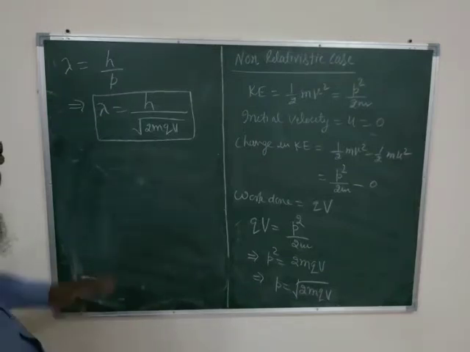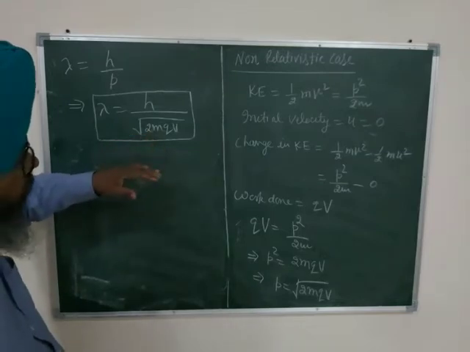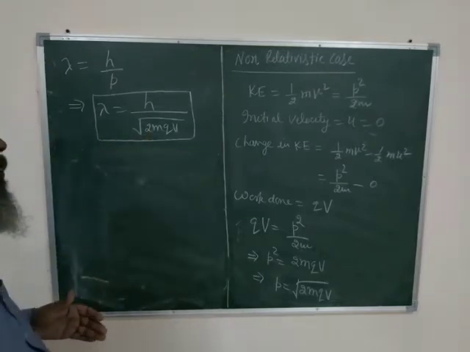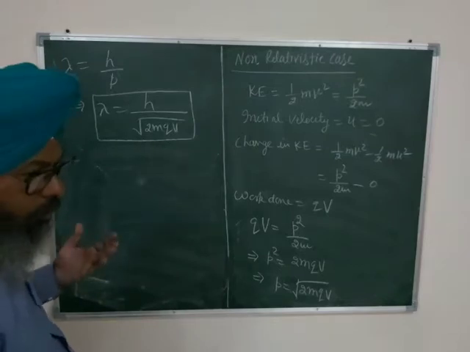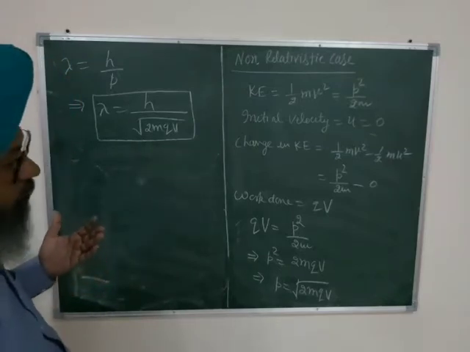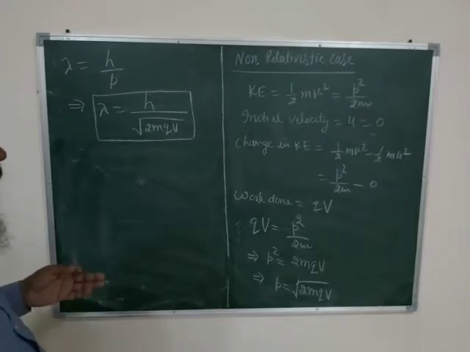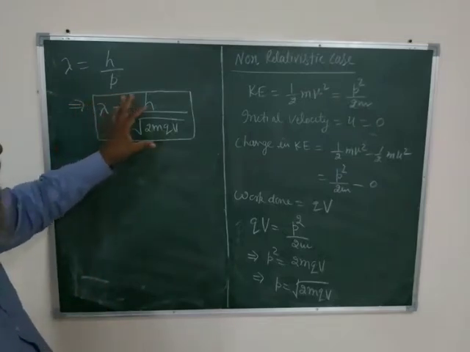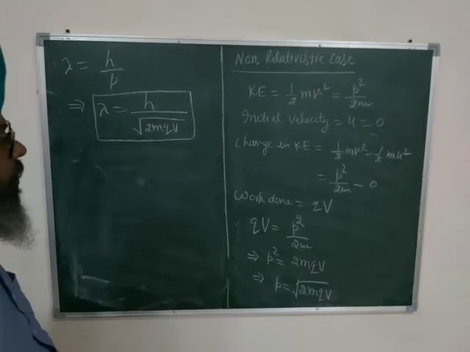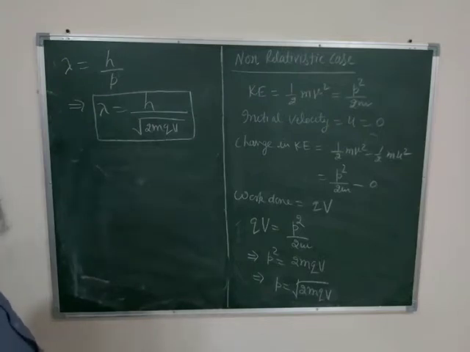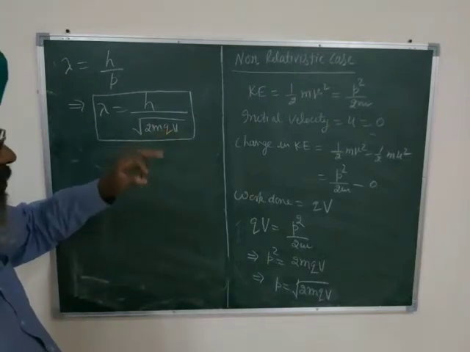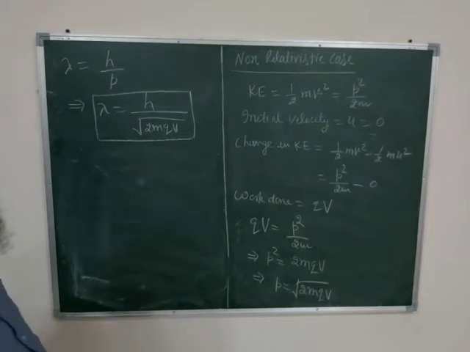Now this equation can be applied to any charged particle, let us say proton, deuteron, alpha particle, or even electron. The only condition that it requires is that the speed gained by the particle after passing through this accelerating potential must be small as compared with the speed of light.